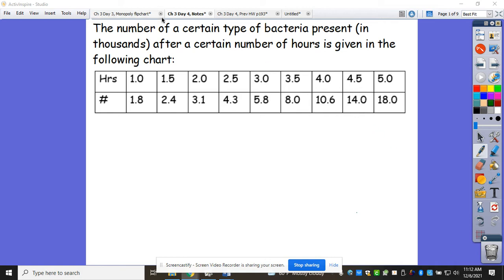All right, so we've got data on the number of a certain type of bacteria present in thousands, and a certain number of hours is given in the following chart. I probably should have included something more about context so I could define a population, but I didn't because I'm just trying to get a basic example here.